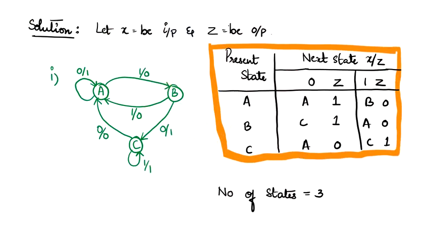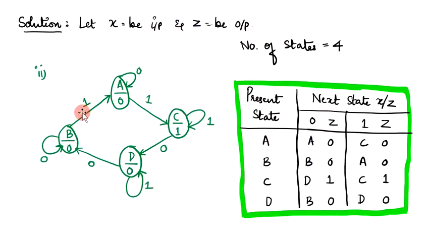Moving on to the second numerical. So here this particular representation is for the Moore machine, and in this particular case they have specified a total of 4 states A, B, C, D. X is the input, Z let it be the output. So if you observe here, they have specified what will be the output within the state.